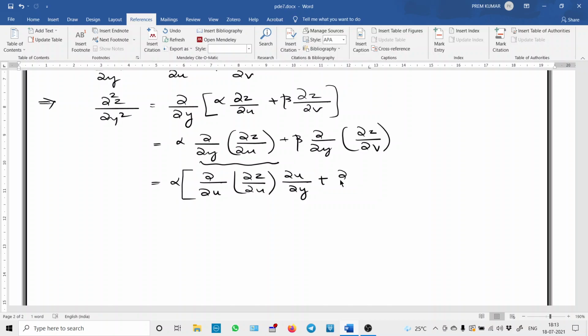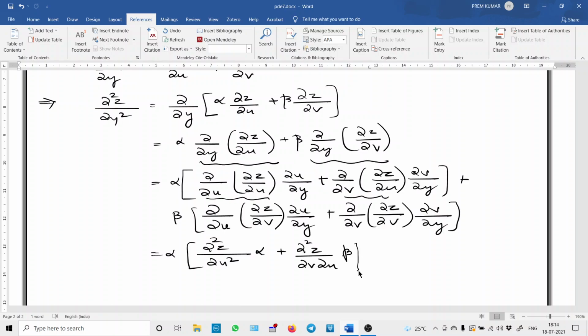This is nothing but ∂²z/∂u² and ∂u/∂y is alpha, plus ∂²z/∂v∂u into beta, plus beta times ∂²z/∂u∂v into ∂u/∂y which is alpha, plus ∂²z/∂v² into ∂v/∂y.